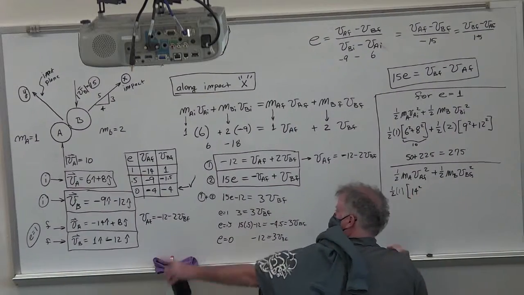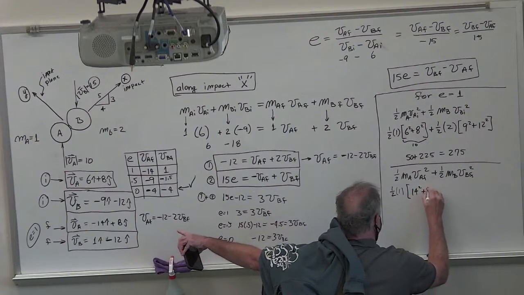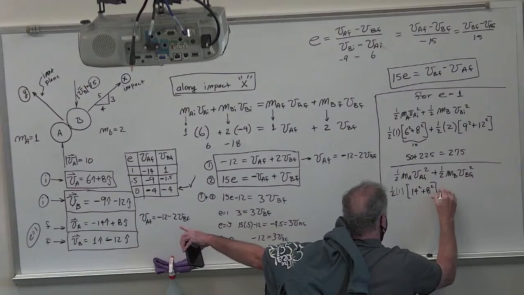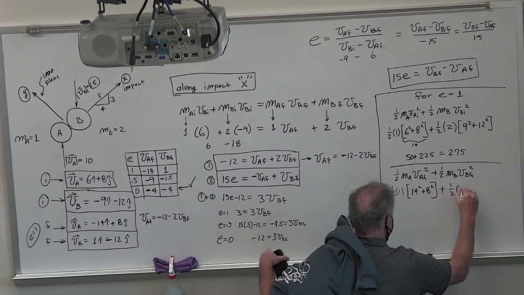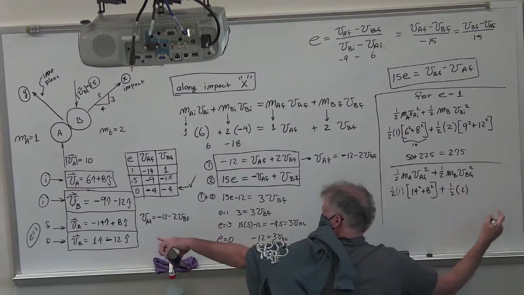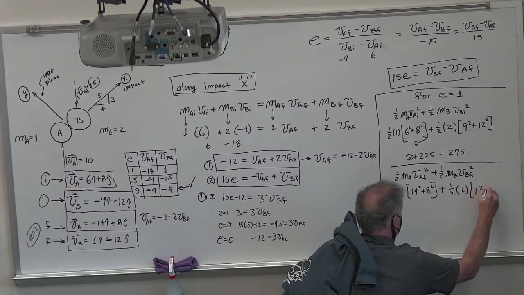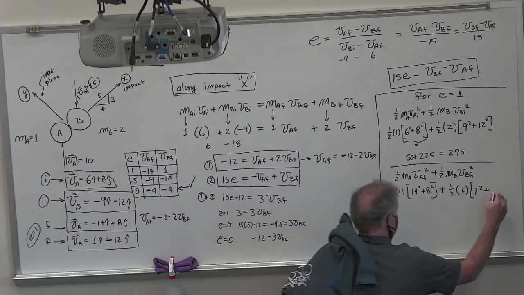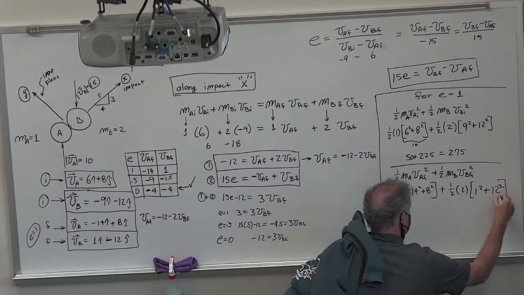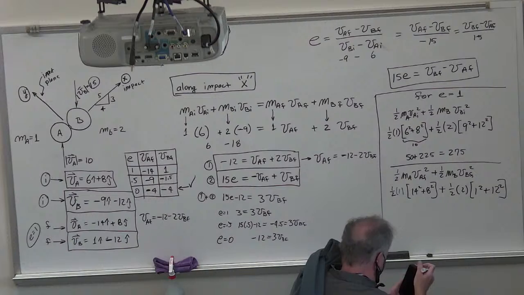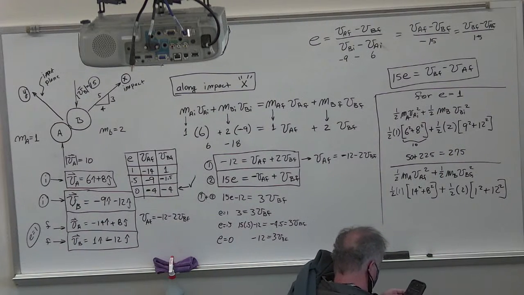Plus 8 squared, still 2. I'm taking the VB, which is 1 squared plus 12 squared. Okay, give me a minute here. Okay, clear.